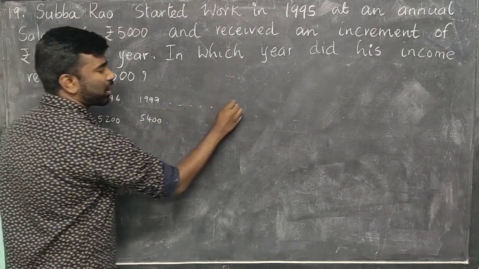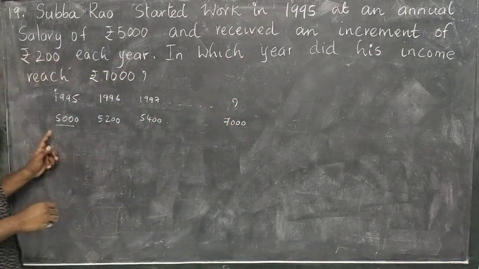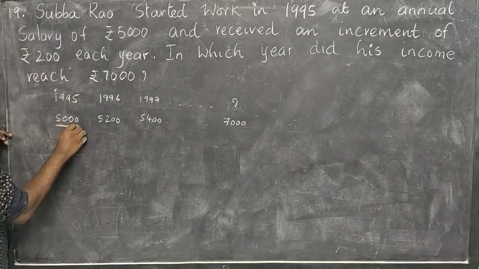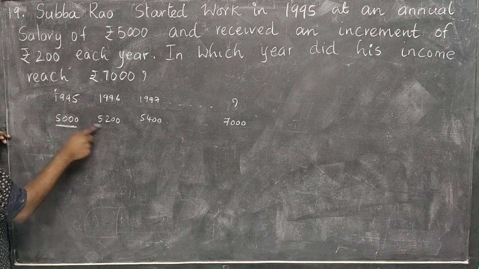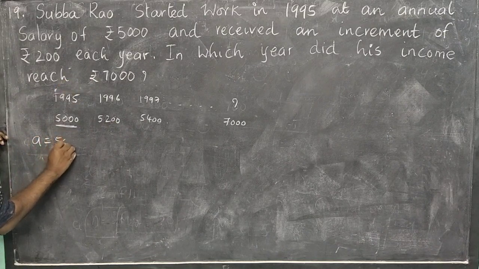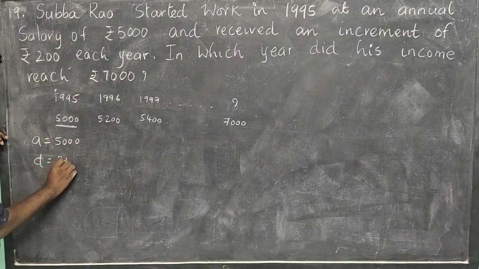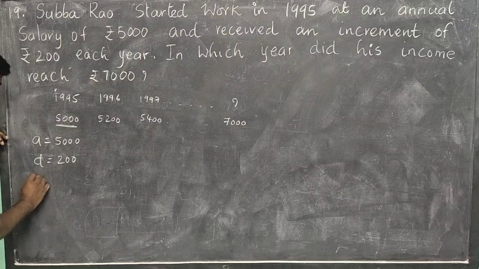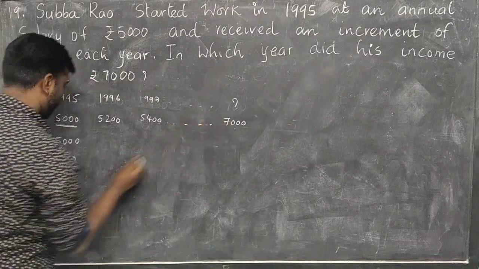Now we should find out in which year his income will be 7,000. The first term is a equals 5000, the common difference d equals a2 minus a1, that is 200, and the last term is 7000.